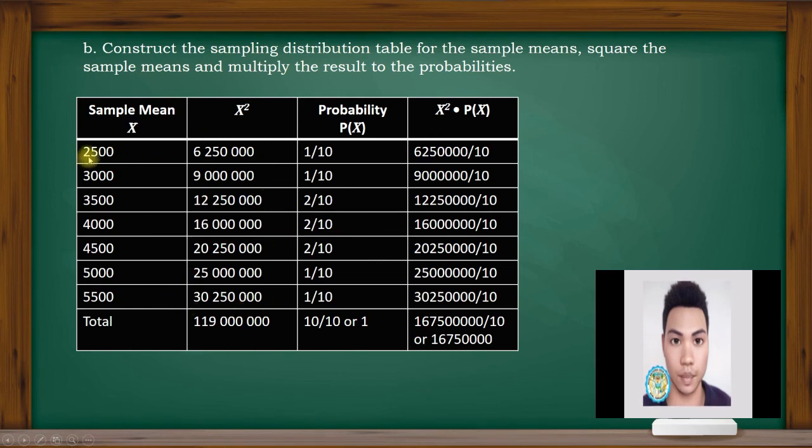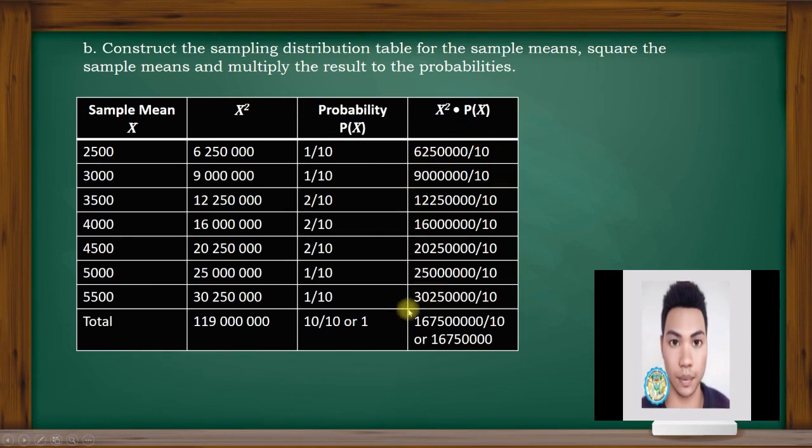So 2,500 squared is 6,250,000, and then so on. So the total is, pag i-add mo to, is 119 million. Then the probability, so multiply natin yung square ng sample means times its probability. So ito yung mga sagot na makukuha natin.